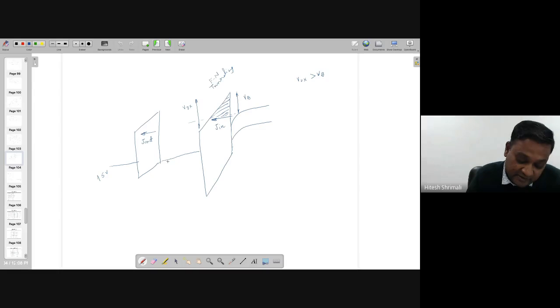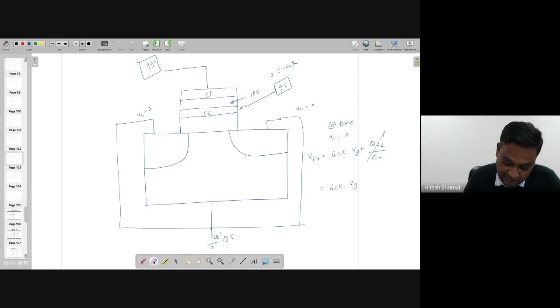Because of this, if you look at this equation, now it's not time t equal to 0 anymore, and at time t equal to t1, this QFG will trap some charges over there.